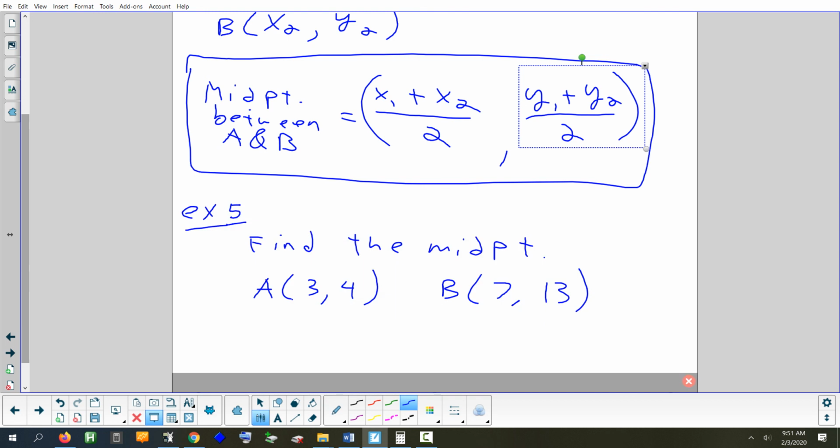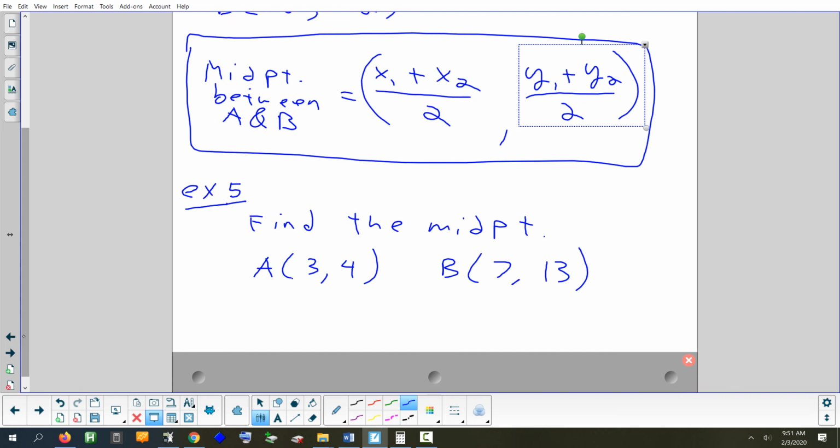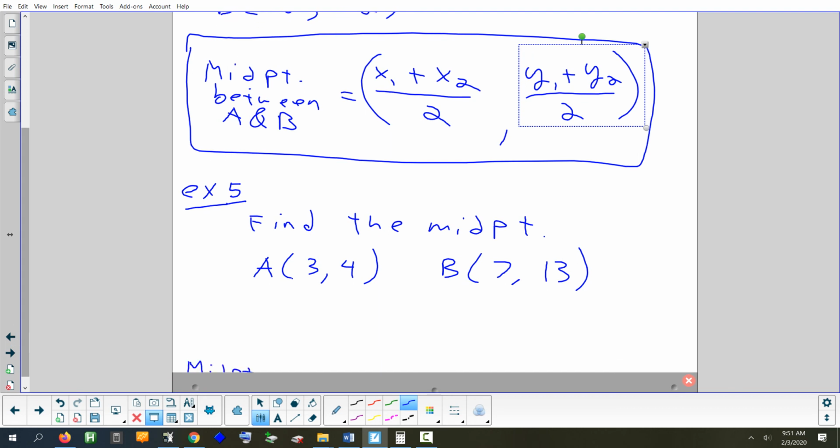Okay. So this one says find the midpoint of those 2 points: (3, 4) and (7, 13). I didn't label what's x1 and y1 this time. I'll just ask people as we go.